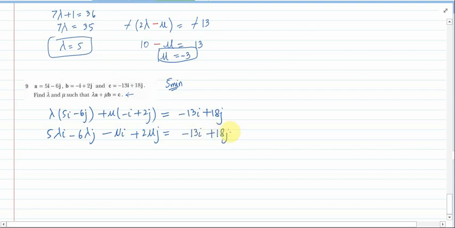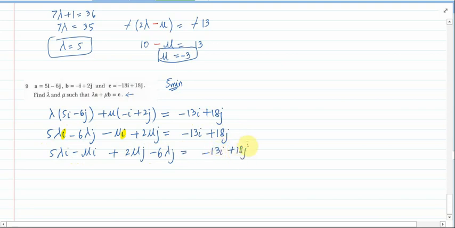Alright, now we are going to gather i terms. So that will be 5 lambda i minus mu i plus 2 mu j minus 6 lambda j is equal to minus 13i plus 18j.